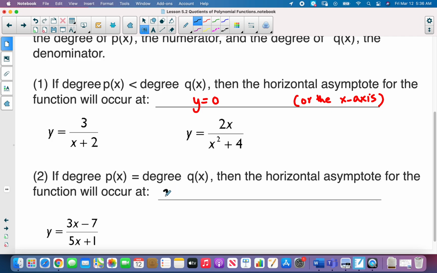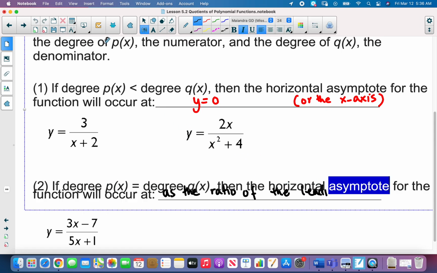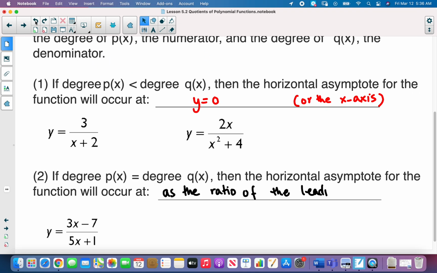So I'm just going to write that here as the ratio of the leading coefficients of the numerator and denominator.